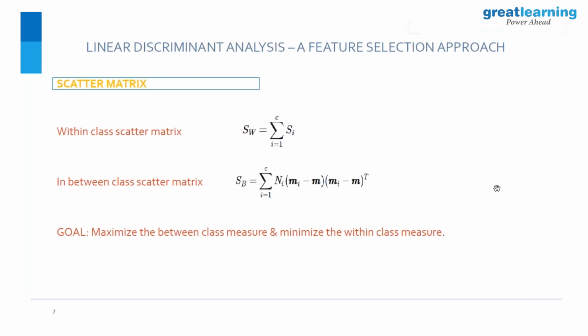So the overall objective of LDA is primarily to maximize the between class measure and minimize the within class measure. So the overall objective is to maximize SB minus SW, or minimize SW minus SB. You can frame the optimization problem pretty much the way you want it. It's a simple OR issue.